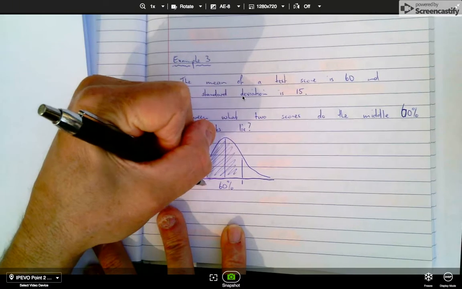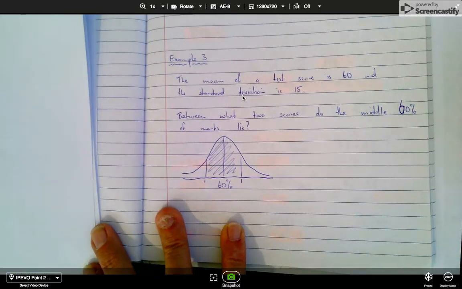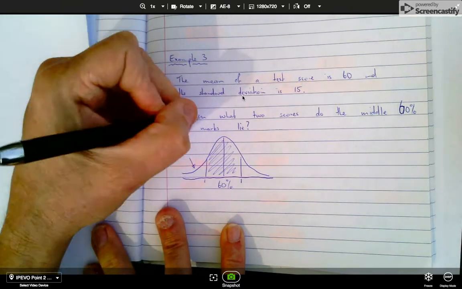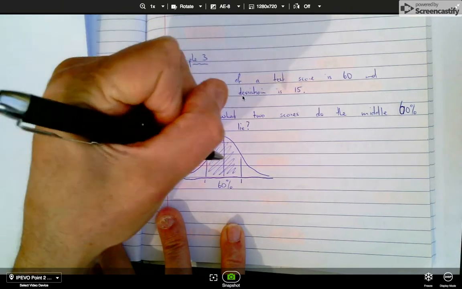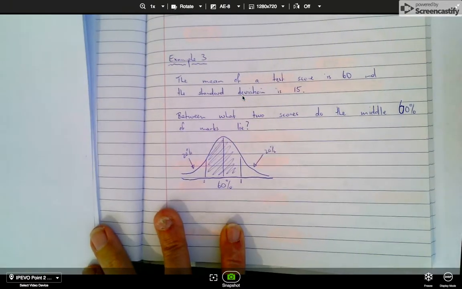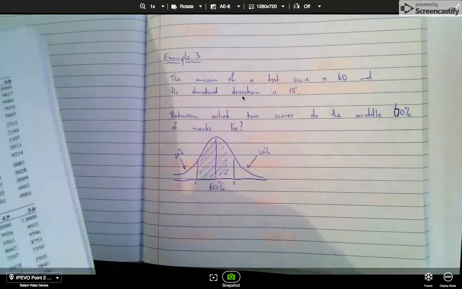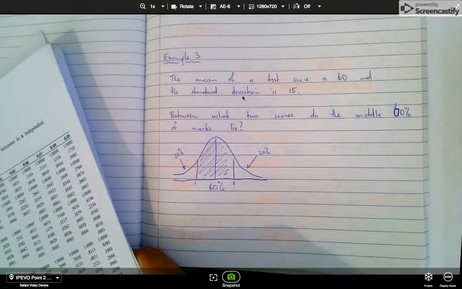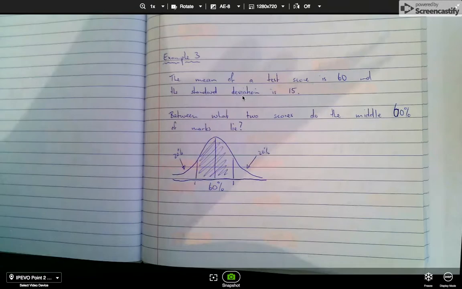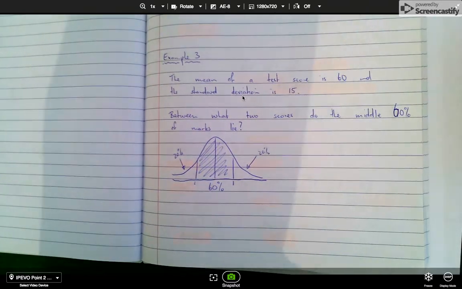Between this mark and this mark, that's the middle 60%. So that means that this percentage in here is 20%, and this percentage in here is 20%. So again, that's what we're going to be looking at when we look up our Z scores. We're going to be looking at a percentage of 20% to find out that Z score.